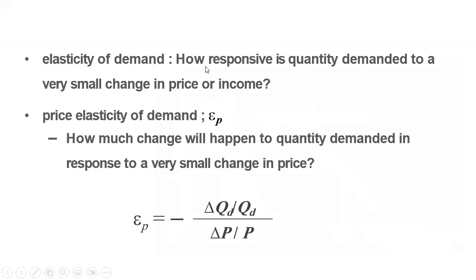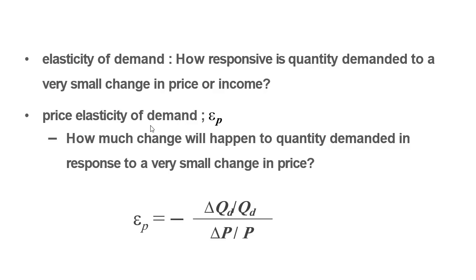Elasticity of demand. We have two concepts that are very, very important. First is elasticity of demand, by which we can measure the responsiveness of quantity demanded to a very small change in price or income. If you have a small increase or decrease in your income, how does your quantity demanded act?